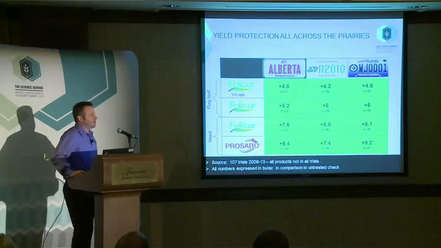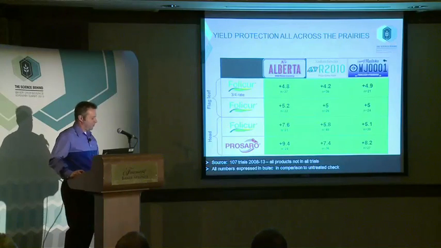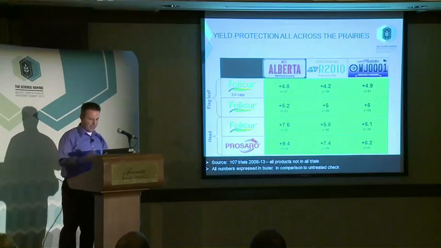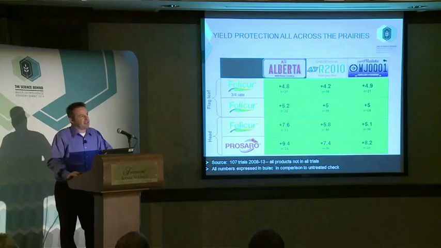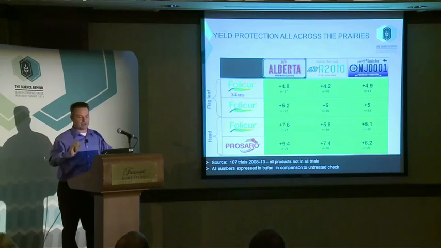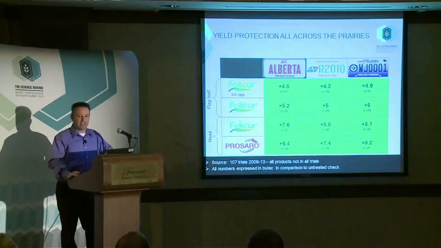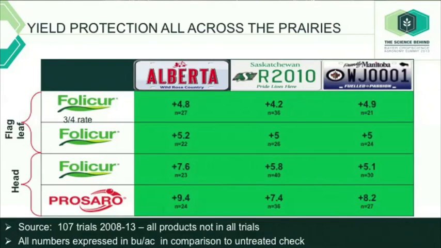Now, when I took the database and broke it down by prairies, or by different sections within the prairie, back when I started in 2008, the general consensus was that if you wanted fungicide yield data, go to Manitoba. They've got all the disease pressure, they've got the humidity, all that sort of stuff. But when I started to separate this out, it was a bit of a surprise, but not quite a surprise.